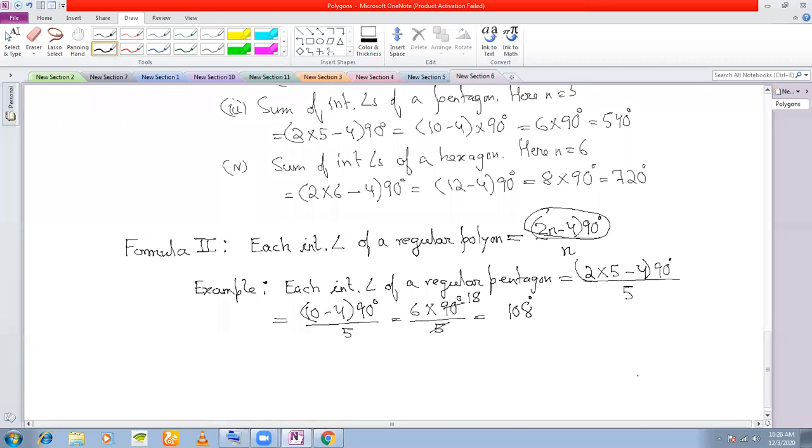So each interior angle of a regular pentagon is 108 degrees. Similarly, you can calculate each interior angle of a hexagon also. Okay. Now what you note here is that each interior angle of a regular polygon is equal to the sum of its interior angles divided by the number of sides.